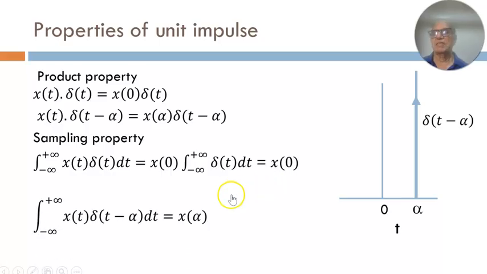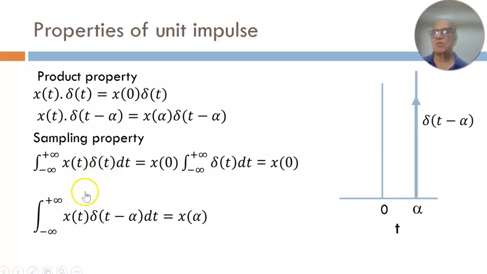Alright. Similarly, you can imagine that if you multiply x(t) by the shifted unit impulse and integrate, then what you will extract will be the value of x(t) at t equal to alpha. So since we are extracting the value of x(t) at a specified time, this property is called the sampling property.